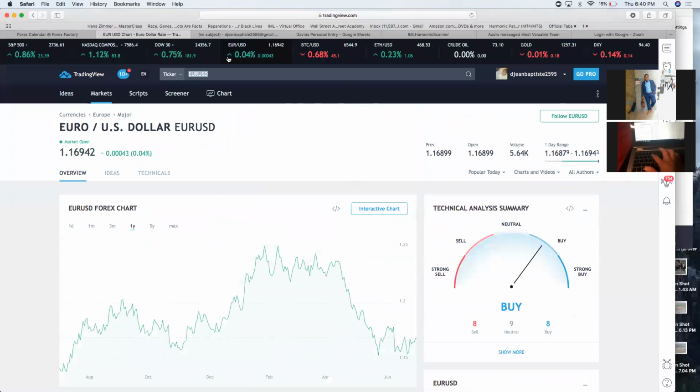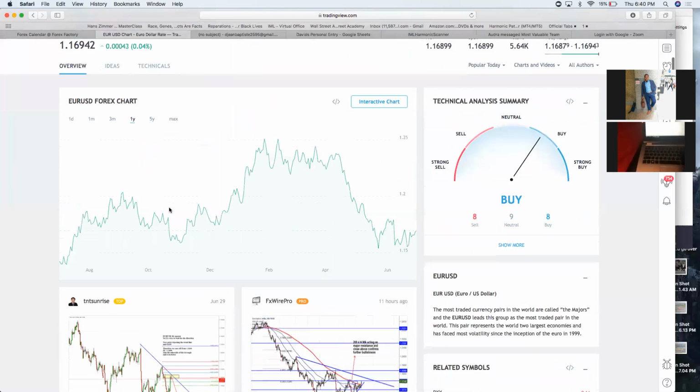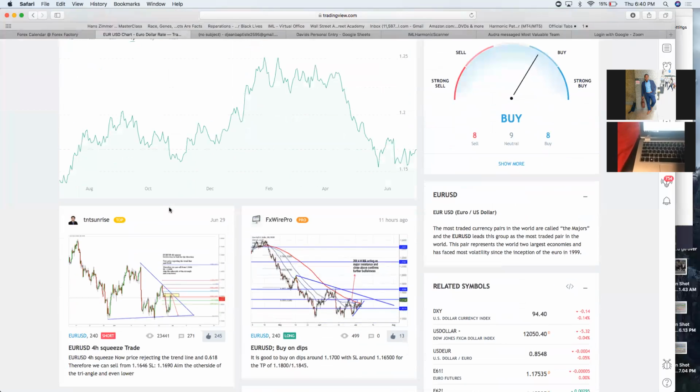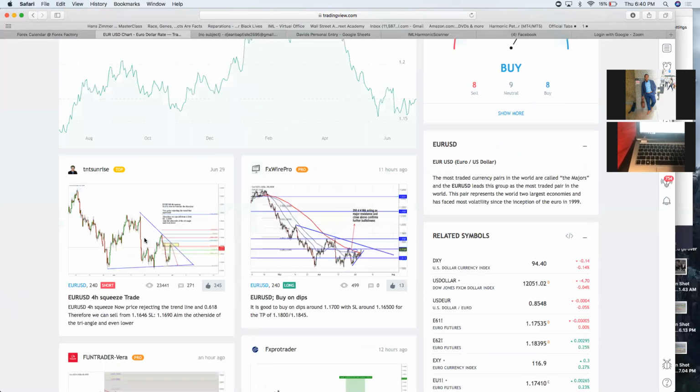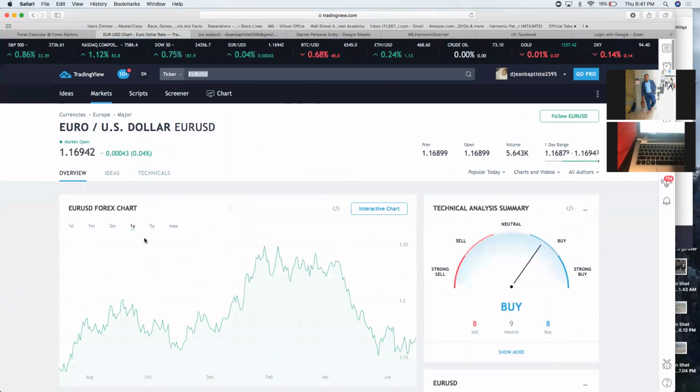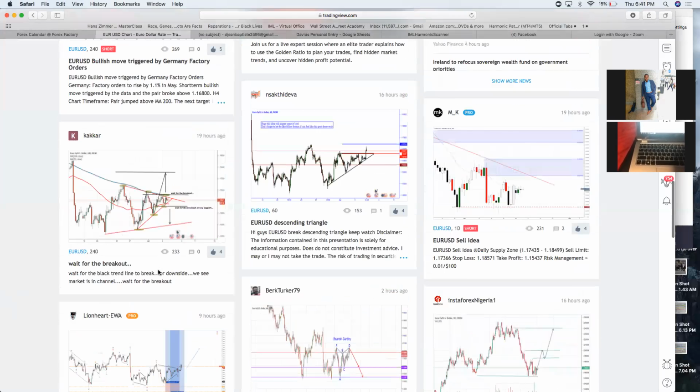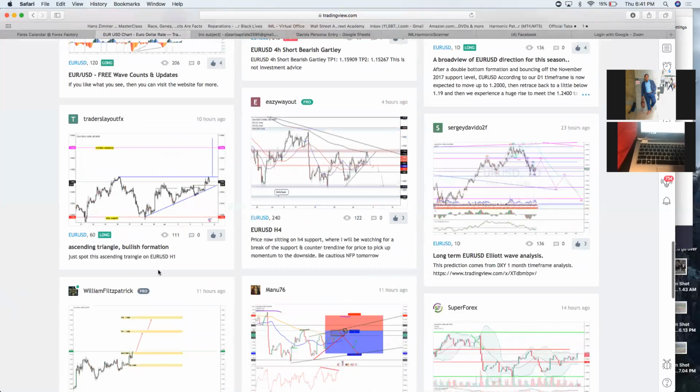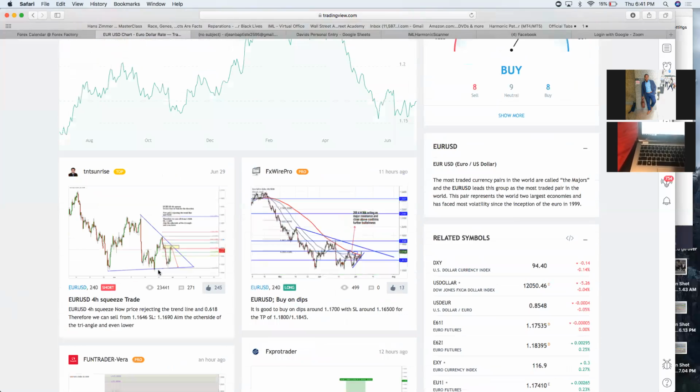If you focus on just one pair, you could literally go here and get as much information as you would need to get into the trade. Yeah, so this is a beautiful thing. If you only trade one pair, this is a good platform to look at to give you a little bit more confirmation of what's going on.